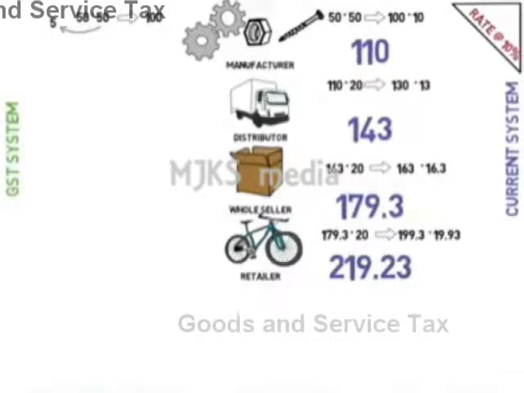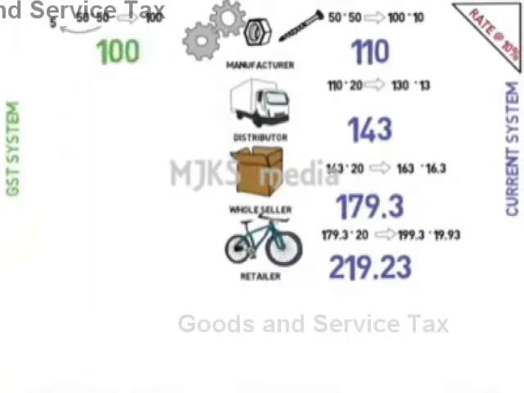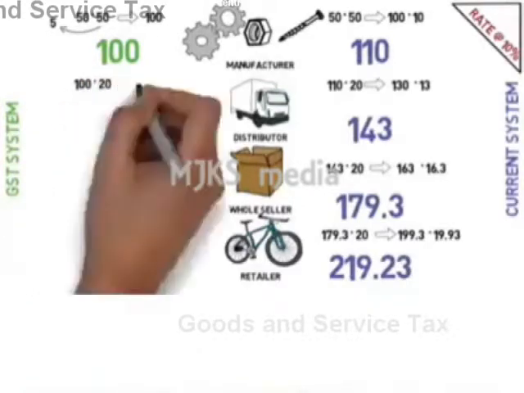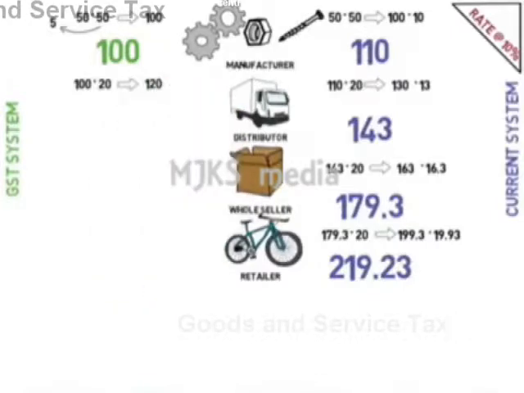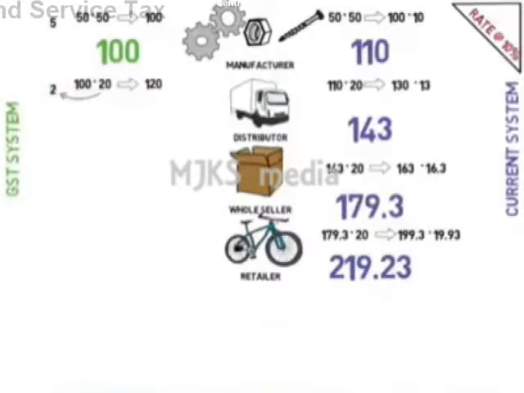But the selling price will not increase and the cost of the product for the distributor is 100 rupees only. Then the distributor adds 20 rupees profit and the product becomes 100 plus 20, which is 120 rupees. He pays the tax of 2 rupees on his profit of 20 rupees.